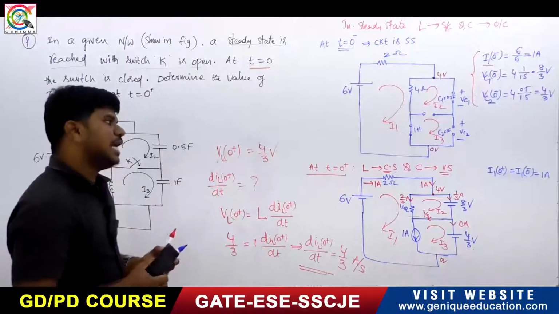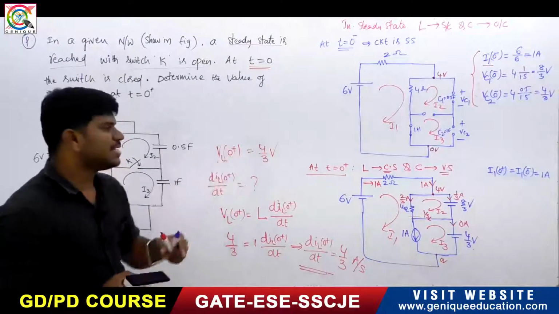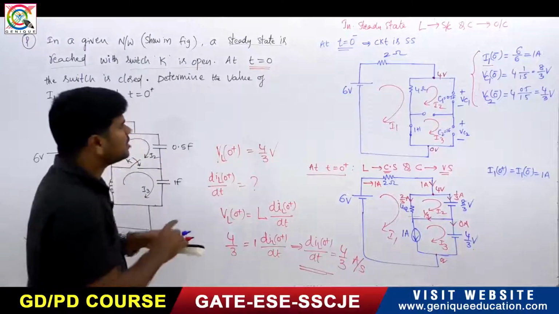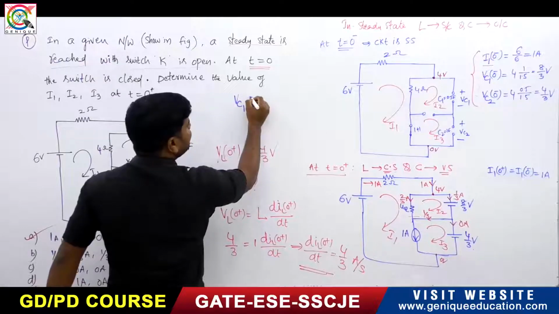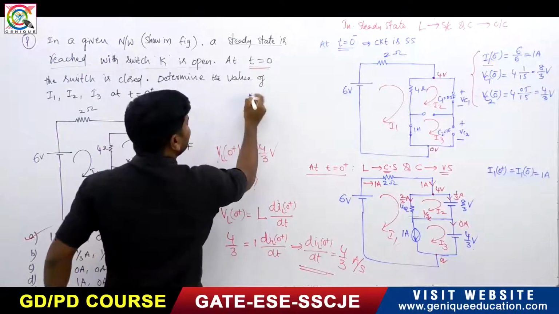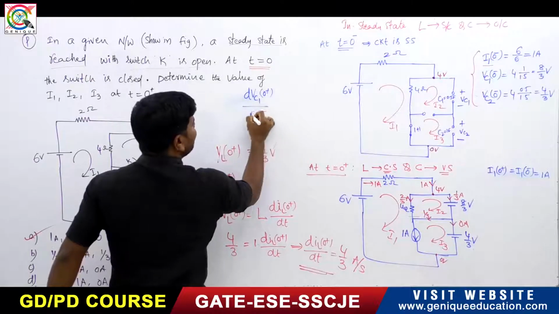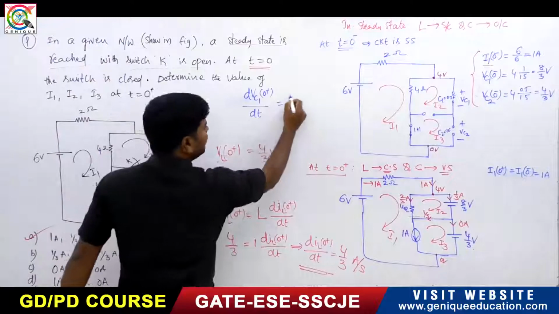Now similarly he may ask the rate of change of voltage in VC1 also. Suppose he has asked VC1 of 0 plus, suppose he may ask dVC1 of 0 plus divided by dt. How will you calculate? How much will it be?